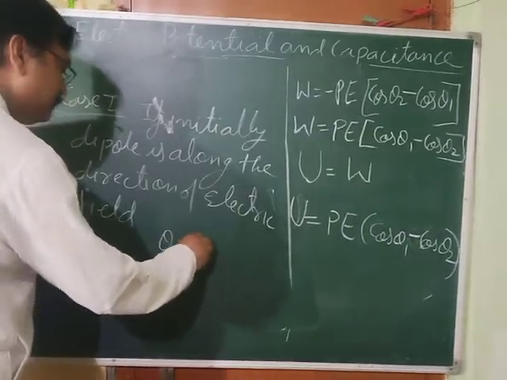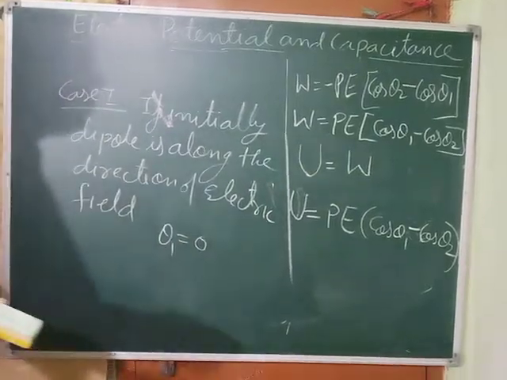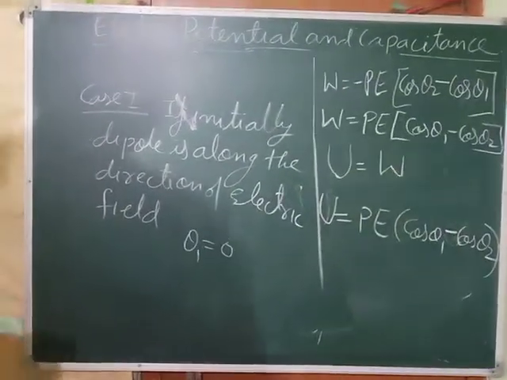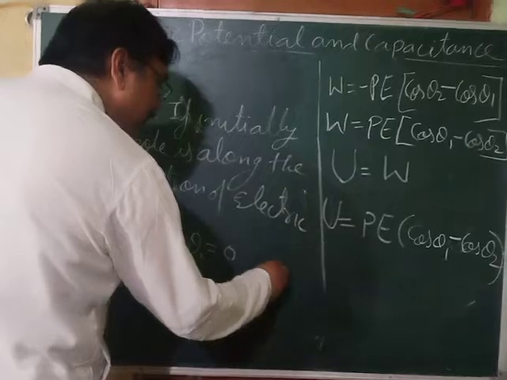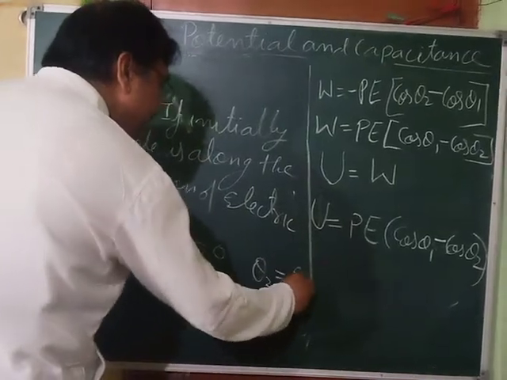Theta 1 will be 0. When theta 1 is 0, can we take theta 2 as theta? So theta 2 we can place as theta.